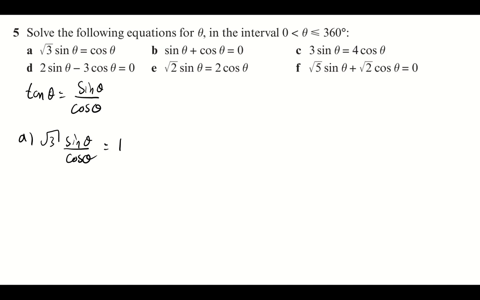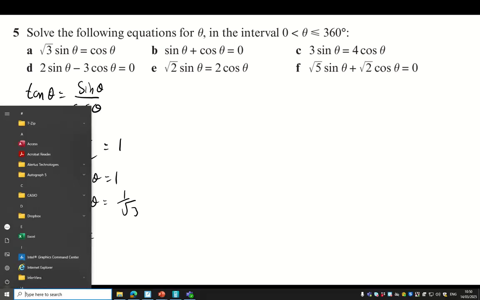Common mistake is to divide by cos on both sides there and get to 0. So we've got √3 tan theta is 1. So tan theta is 1 over √3. No editing the range needed. Theta and theta match already. So let's grab our calculator to get some theta values.